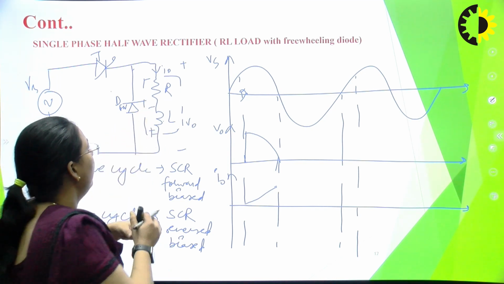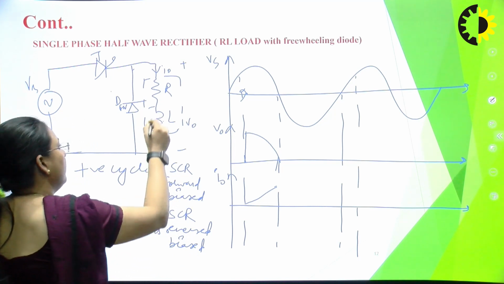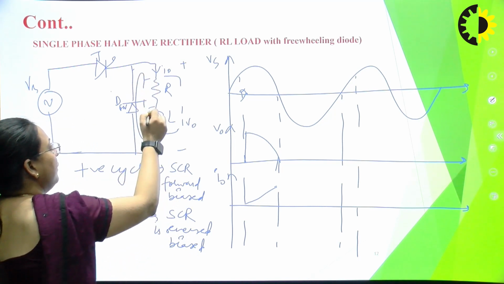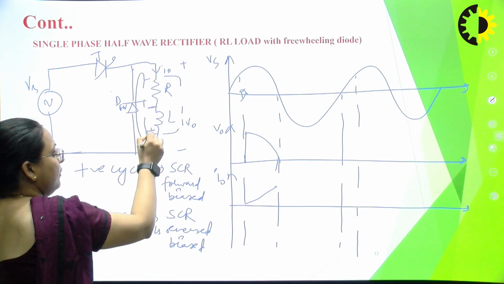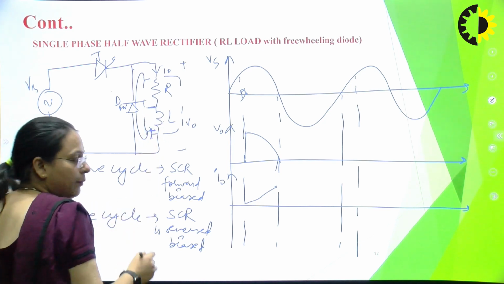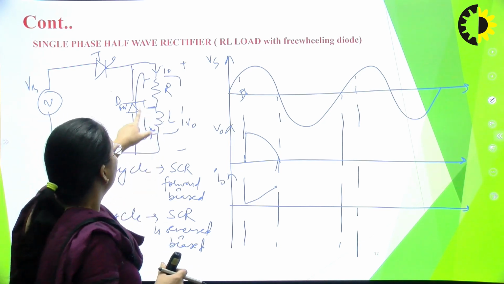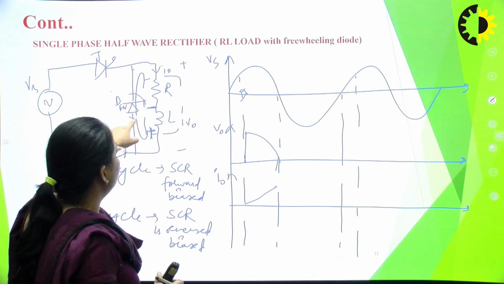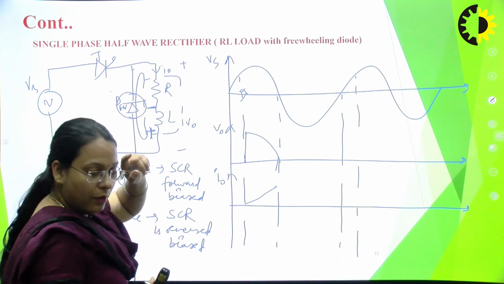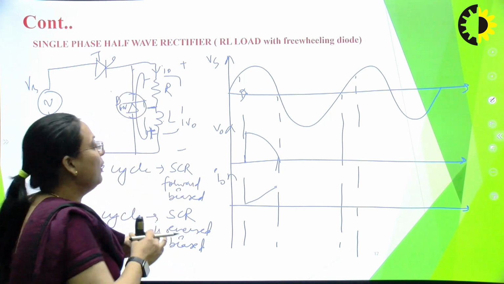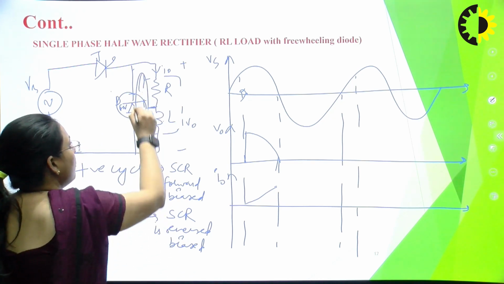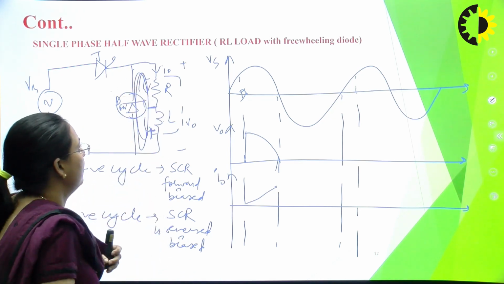This opposite EMF induced in the inductor will turn off the thyristor and forward bias this diode, and the current now freewheels through this diode in this direction, like this.